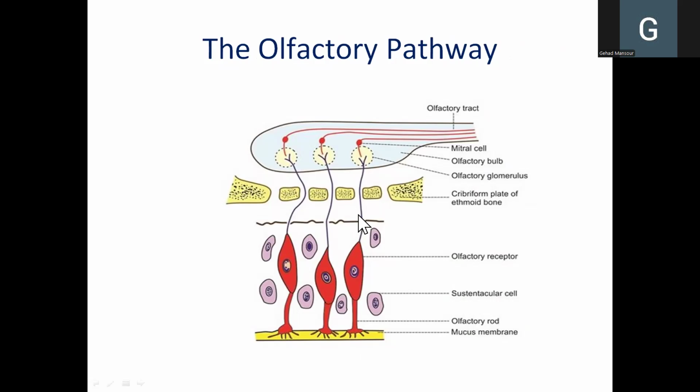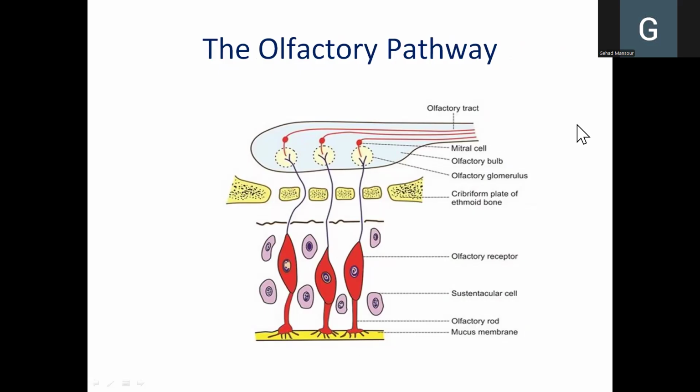And then the central axons of these cells will relay in the olfactory bulb, and then we will have the postsynaptic neurons that will form a broad, flat tract that is called the olfactory tract.